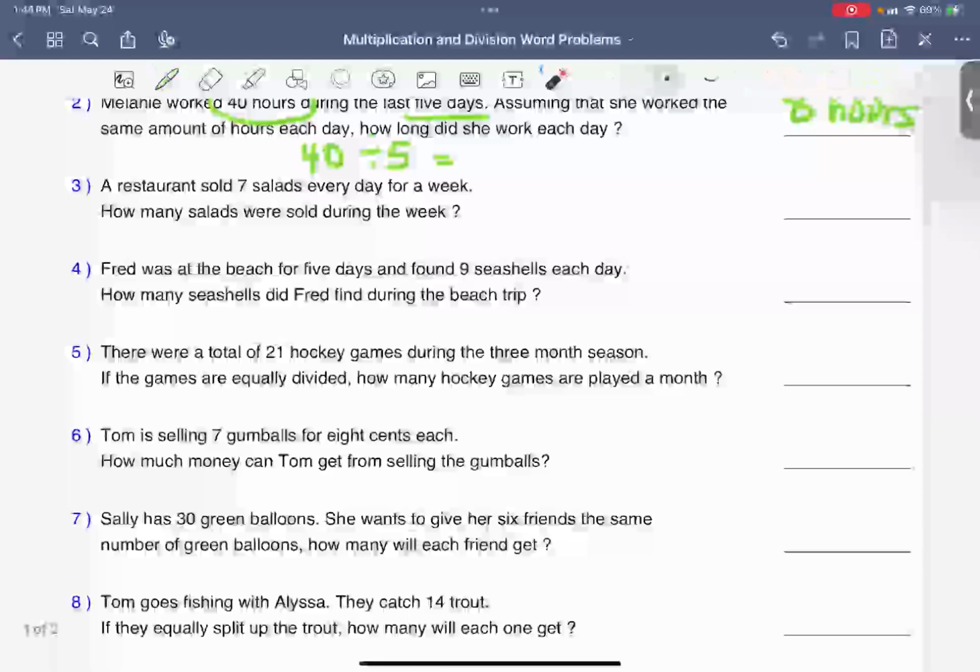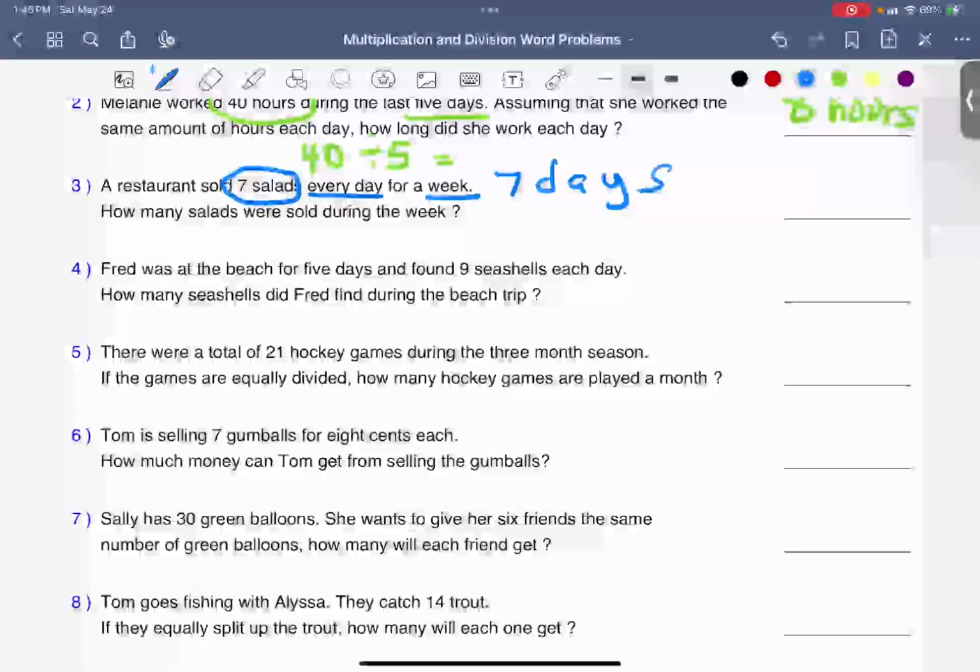Number 7. A restaurant sold 7 salads every day for a week. How many salads were sold during the week? So I'm going to highlight the information I need. 7 salads every day and for a week. So a week has 7 days. So I'm counting.